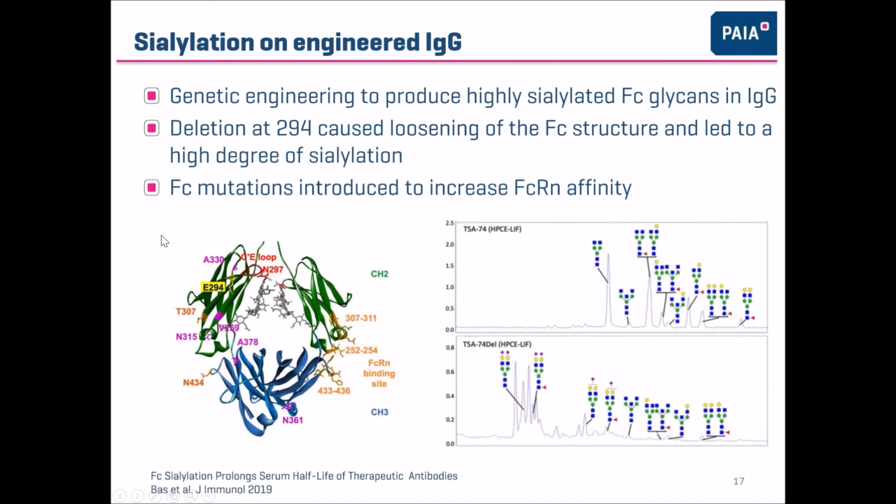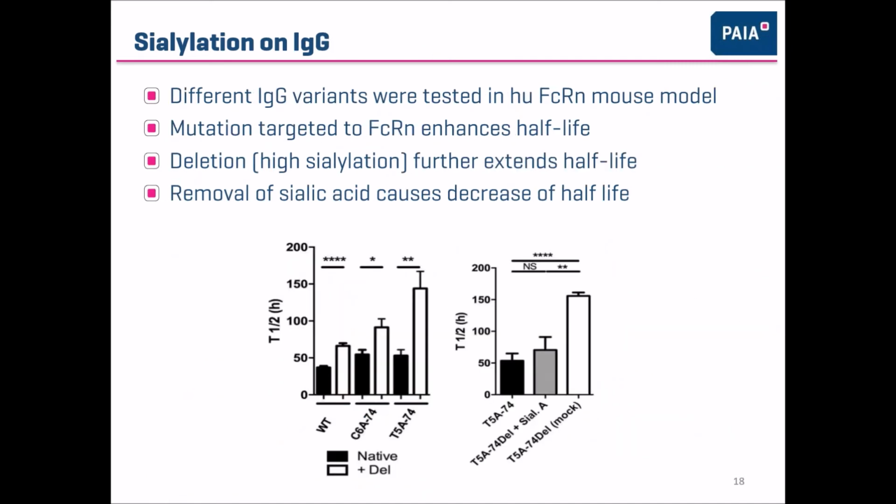And when they then went into a mouse model with these different IgG variants, the first thing that they observed is that the mutation that was targeted at the receptor enhanced the half-life of the mutated products. So that's what you can see here. This is the wild type, and here are the variants, so slightly increased.